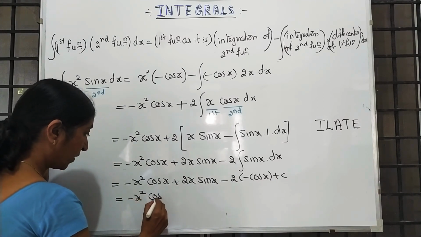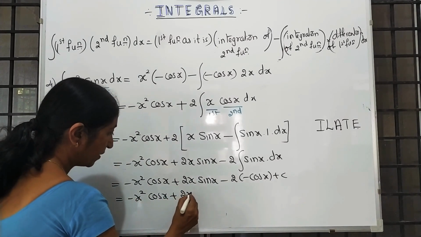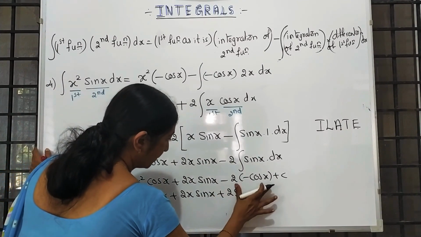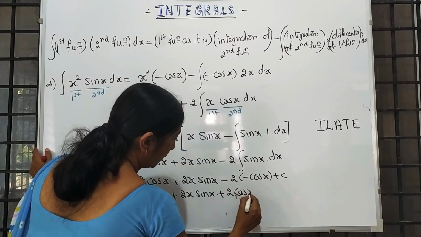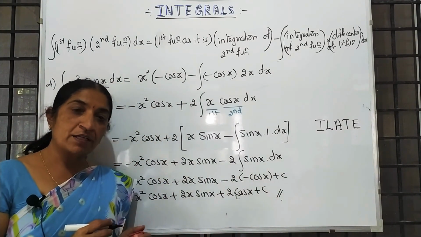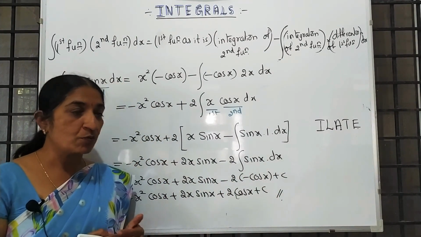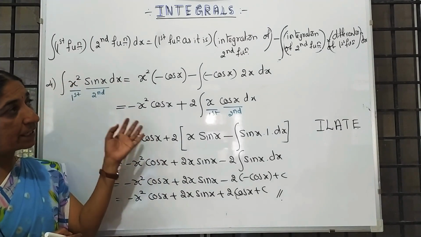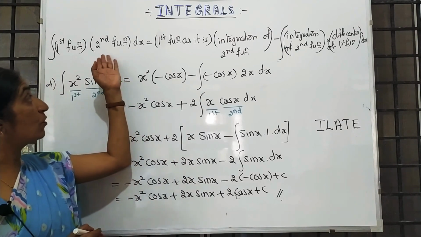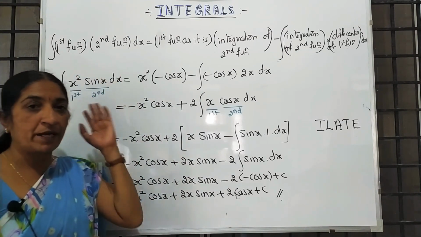Minus x square into cos x plus 2x into sin x, minus into minus plus, 2 into cos x plus c. See, is it very interesting or what? It is very interesting and simple also. So practice this. In the next class I will solve some more examples depending on this formula, that is integration by parts.